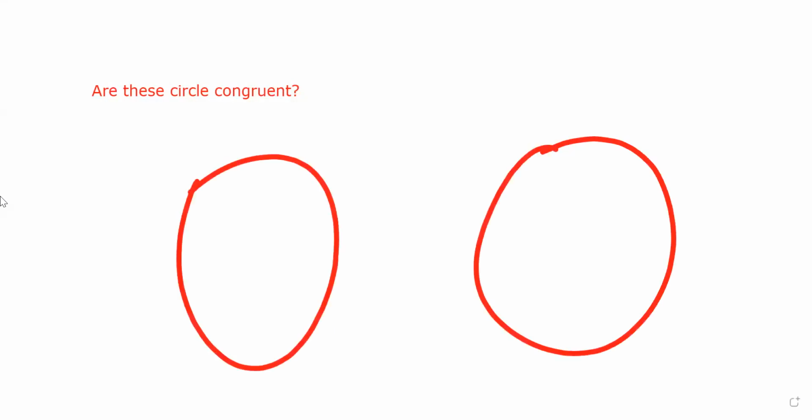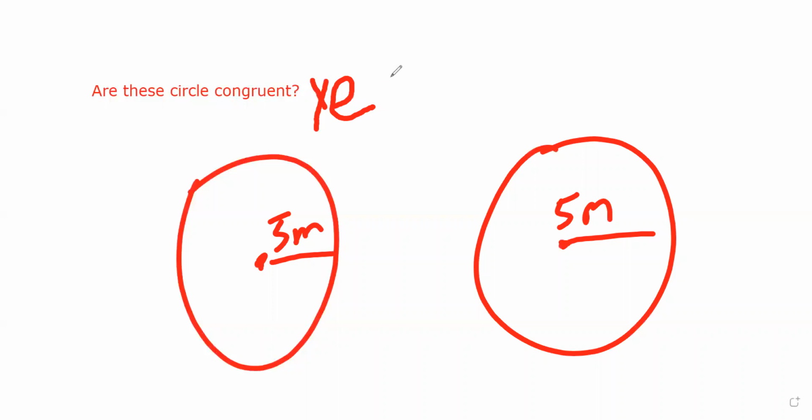If I have two circles, each with a radius of 5 meters, are they congruent? Yes, they are congruent. How do we know? When two circles have the same radius, they are said to be congruent. So yes, they are congruent.